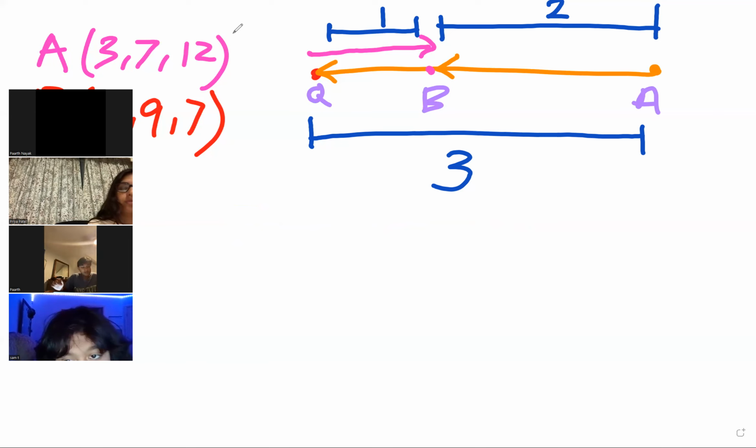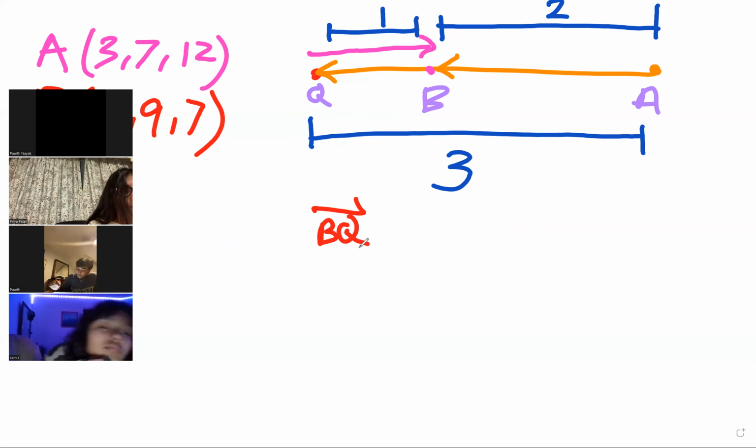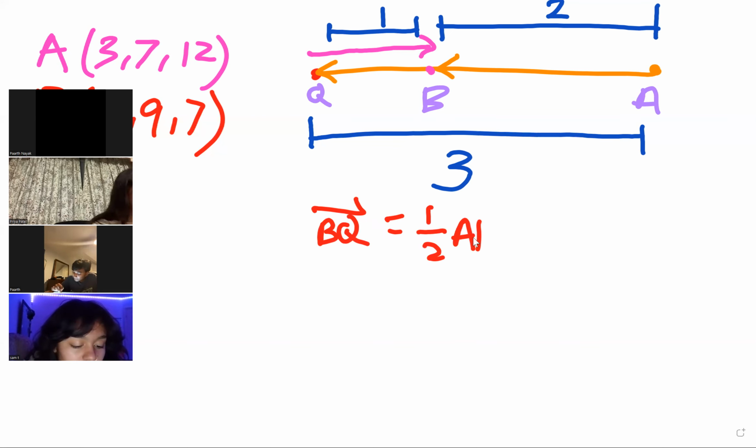So now we can set up this problem. So we know that BQ is 1, right? And we know that AB is 2. So because BQ is 1 and AB is 2, we know that BQ is 1/2 AB, right? So that part makes sense.